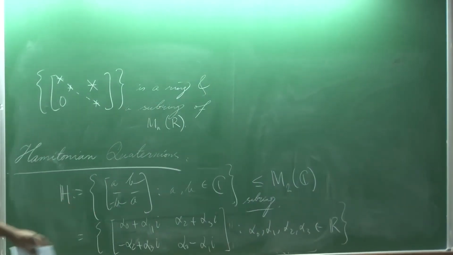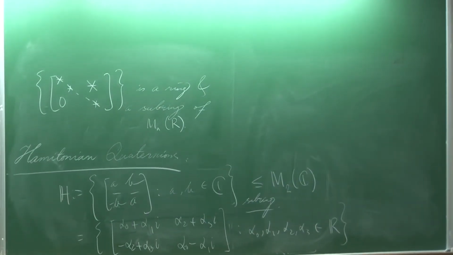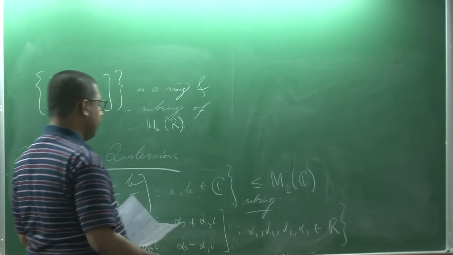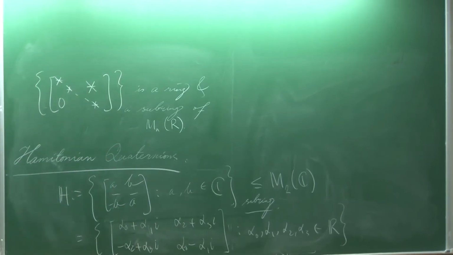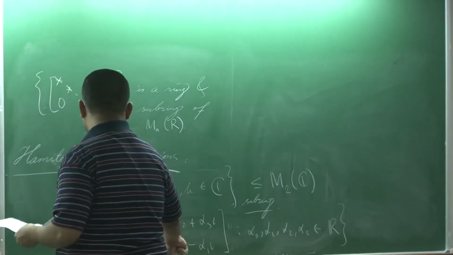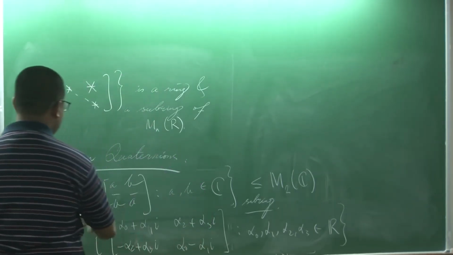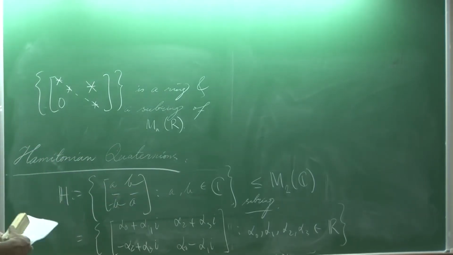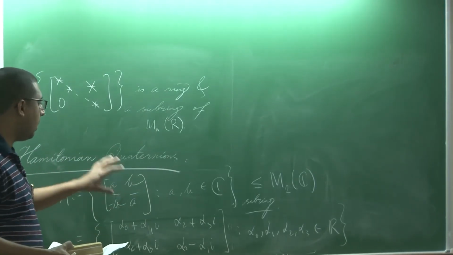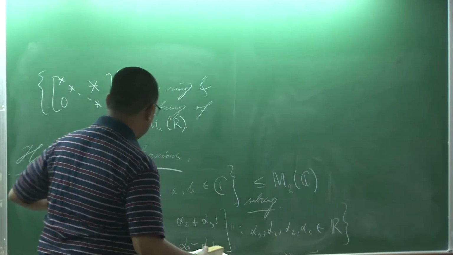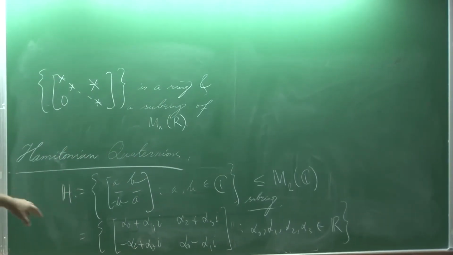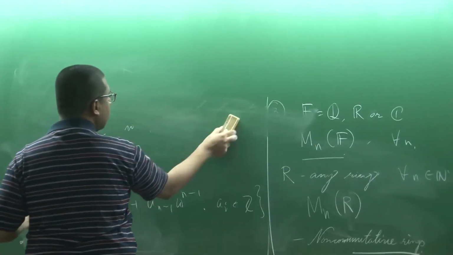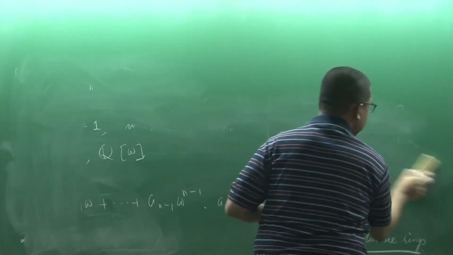So, this is another description of the same ring. This ring is called the Hamiltonian ring, or Hamiltonian Quaternions, the ring of Hamiltonian Quaternions.